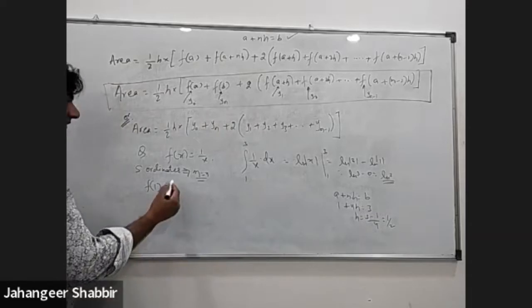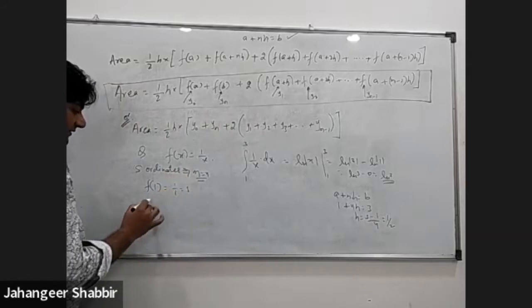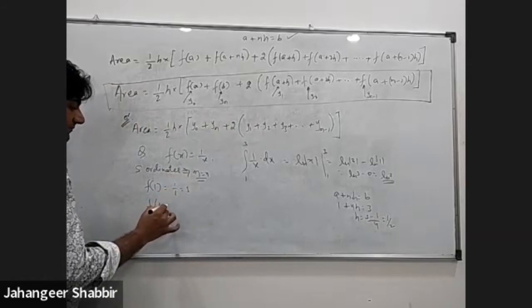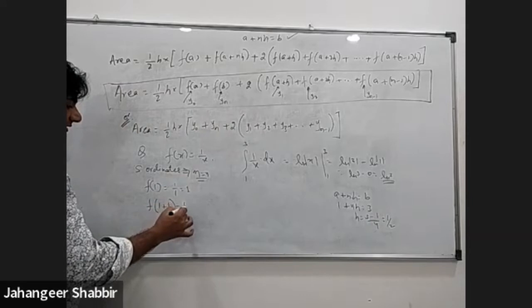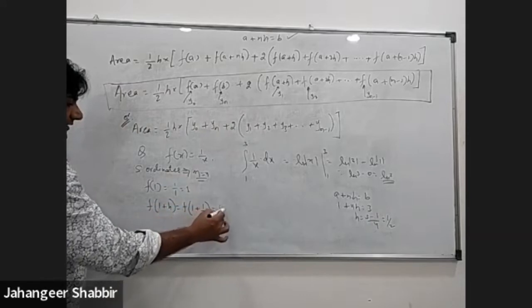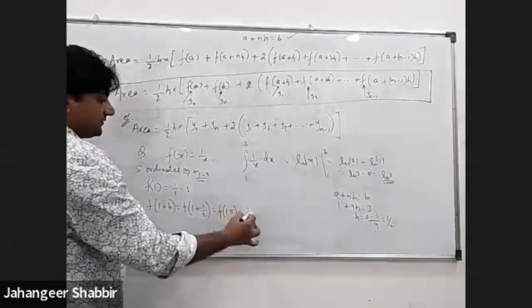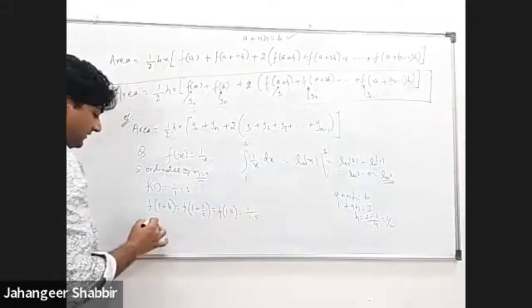So now f of 1 we need to find. What will be f of 1? 1 over 1, which is 1. We need to find f of 1 plus h. It means f of 1 plus half, so f of 1.5 we need to find. So 1 over 1.5, you can tell me.